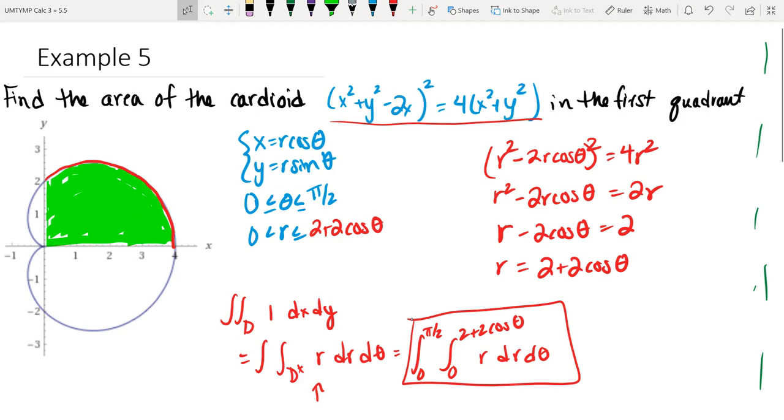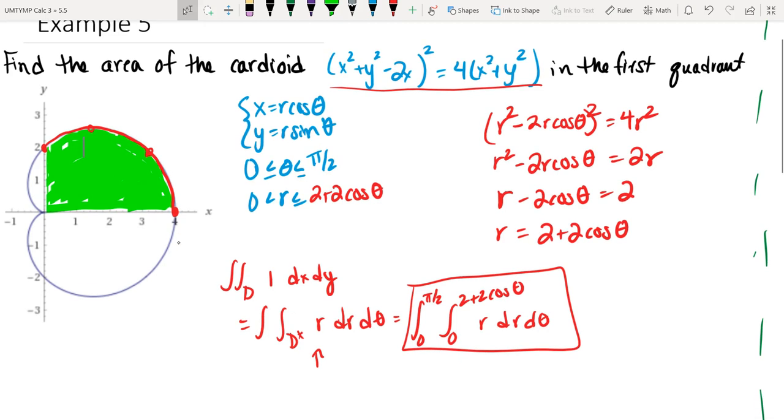Besides that, what you could do is plot a few points, figure out the values for those endpoints, and maybe take a few values in between and just make sure that you're parameterizing the correct way. That would be kind of how I would suggest checking your bounds for theta. But other than that, that concludes this video.